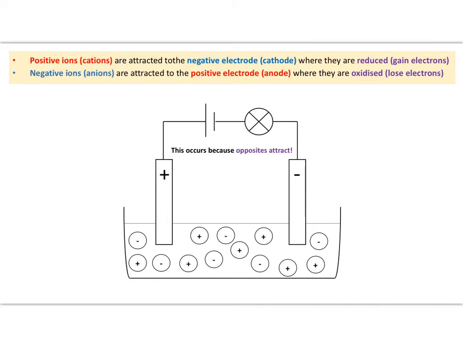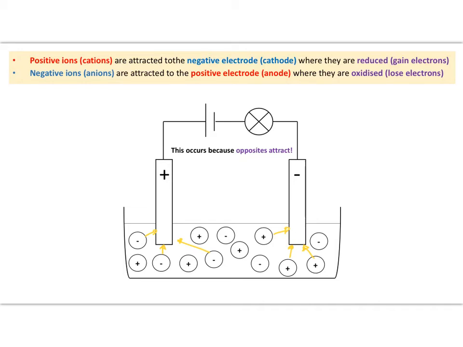And we've got these two electrodes, one of which is positive, one of which is negative. And the oppositely charged ions are attracted to these electrodes. So the positively charged ions are attracted to the negative electrode, and the negatively charged ions are attracted to the positive electrode. Okay, and then what happens is the positive ions are reduced, so they gain electrons.